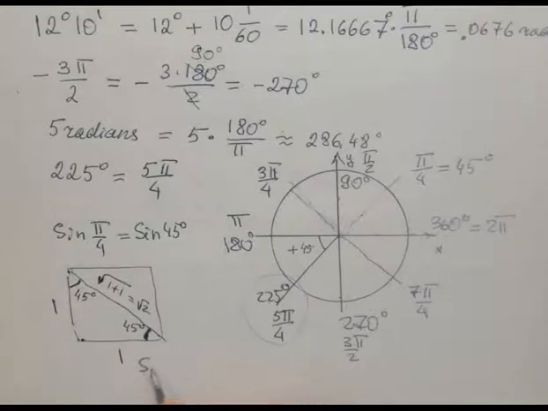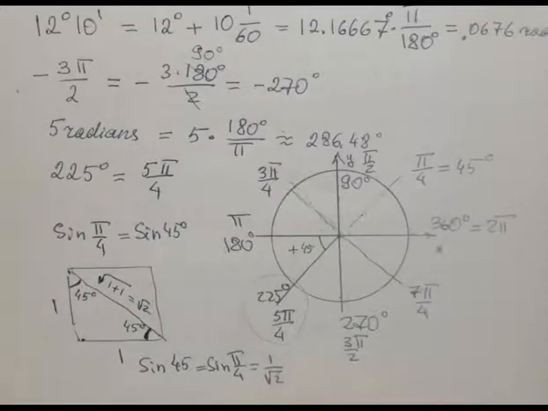So sine of 45, or sine of pi over 4, equals 1 over square root of 2. We can also rationalize this answer by multiplying the numerator and denominator by the square root of 2, and get square root of 2 over 2.